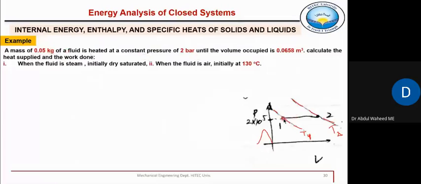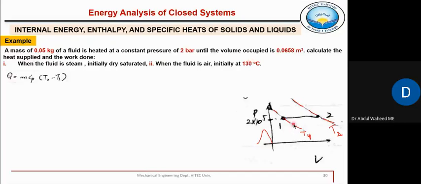Pressure is constant, 2 bars, or 2 into 10 to the power 5 Pascal. Final volume is given, V2. So now again, we need to find out heat transfer and work transfers. So now there is no need to use a steam table. We can directly use equations because it is an ideal gas, which is air. Air is an ideal gas under these temperatures and pressures.